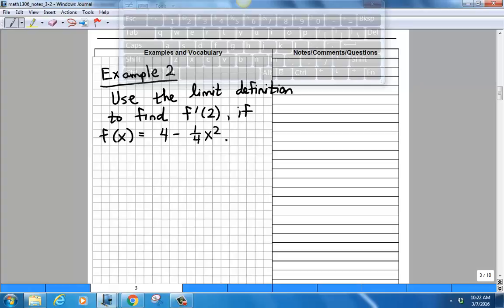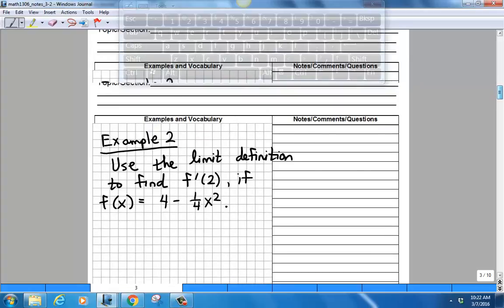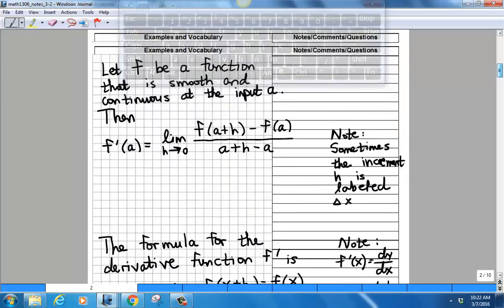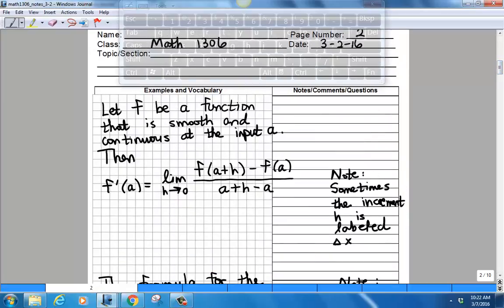Now let me show you how we'll do this. By the way, here is that limit definition. I've got it written down formally here. You do sort of have to memorize this limit definition because we're going to use it several times, but you don't have to memorize everything that I have written here.